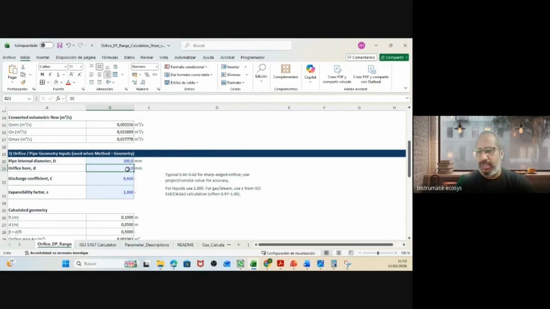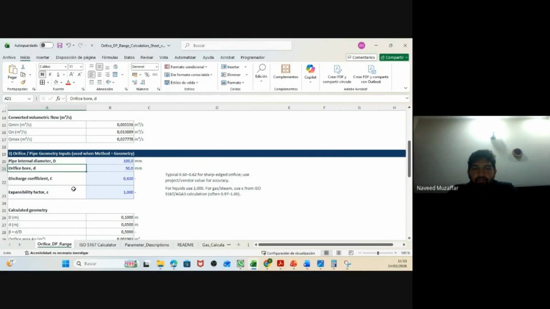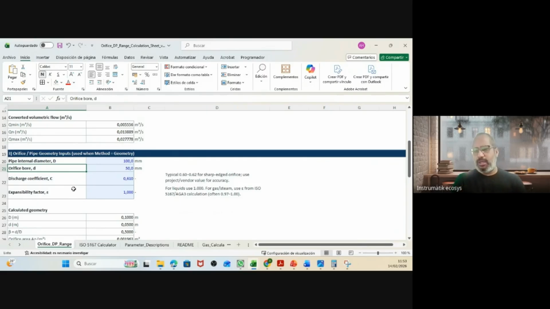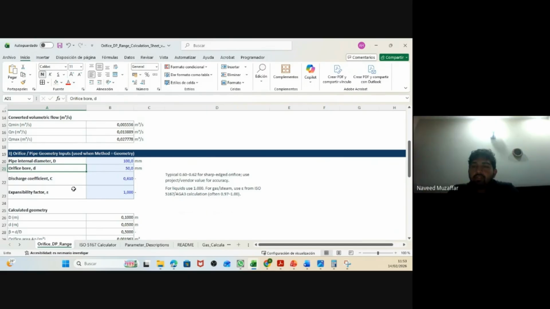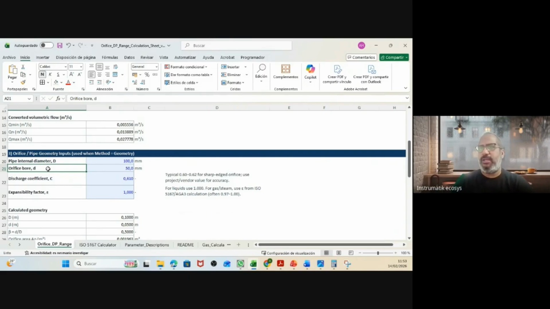I'm going to give you the table that I showed you recently. From that table, you can get the pipe internal diameter and calculate the d over D, the bore. Anyway, if you have a doubt, you go to the step by step calculation that we recently saw and just calculate it.